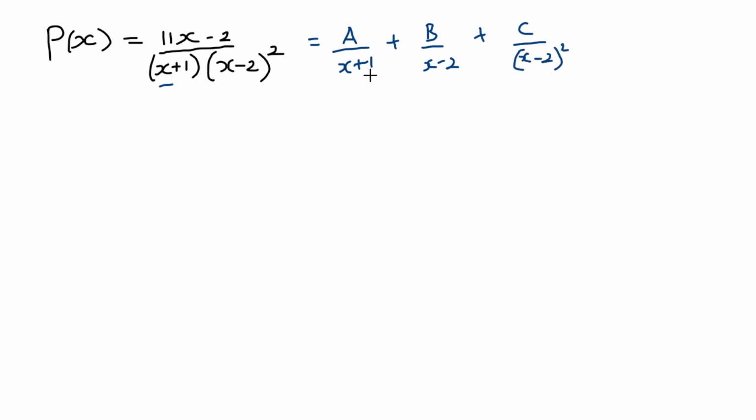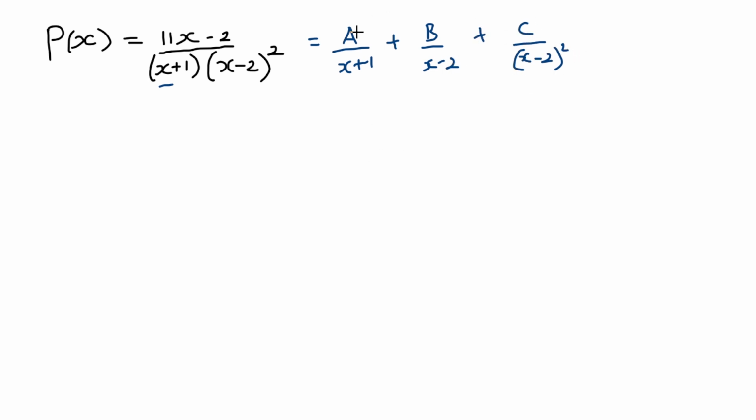So this is how we handle the linear factor: we simply get an unknown divided by that linear factor. Then for the repeated factor, you go on raising the power of the factor from 1. So we see B over x minus 2, plus C over x minus 2 squared.